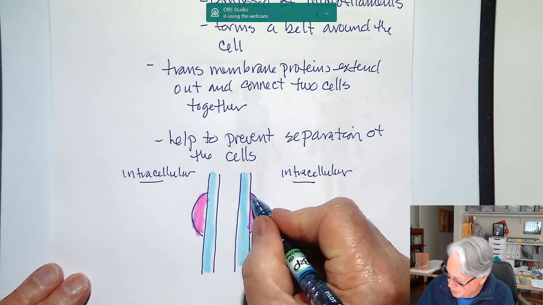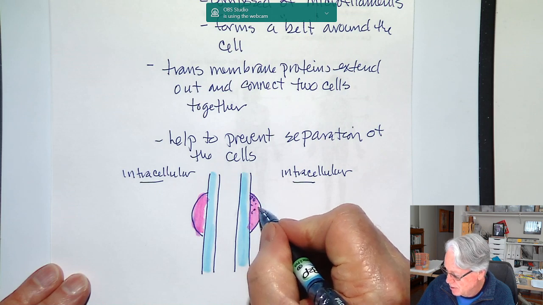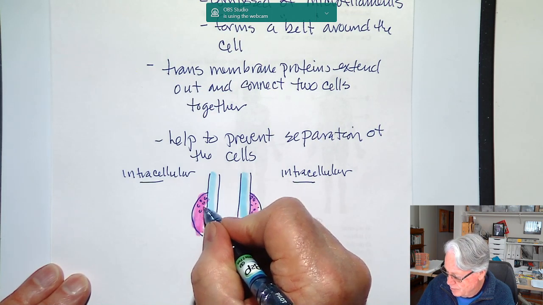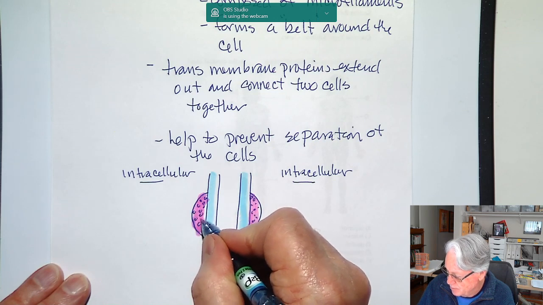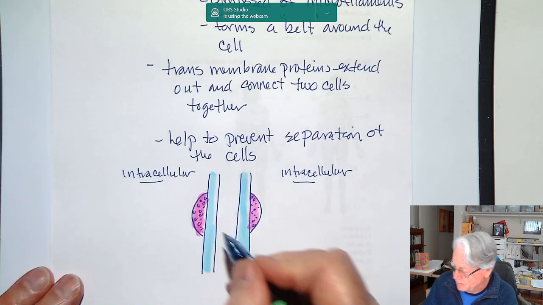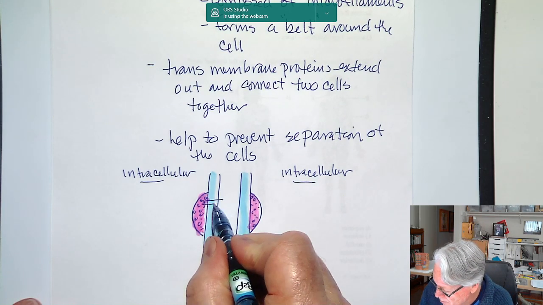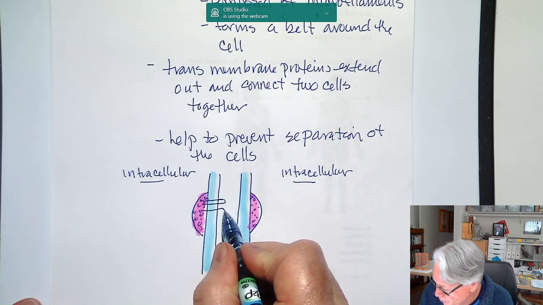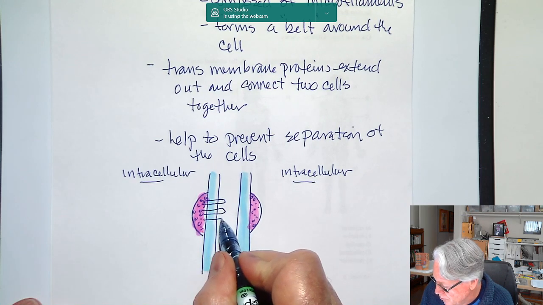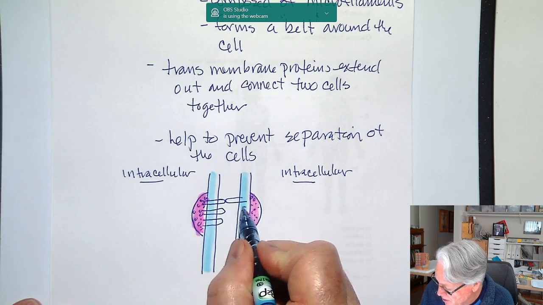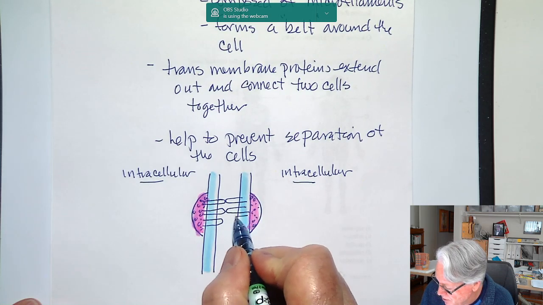And these plaques are going to be composed of these microfilaments. And then we're going to extend into the membranes, transmembrane proteins.